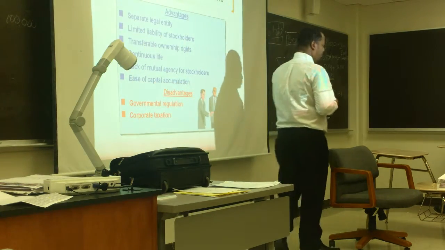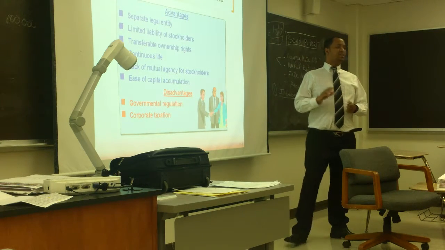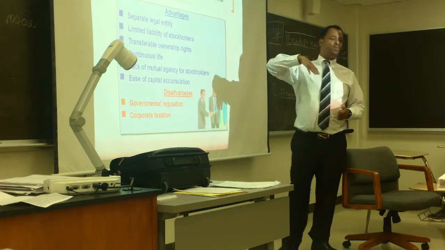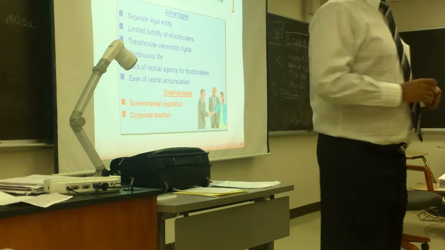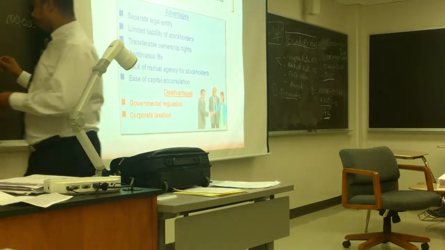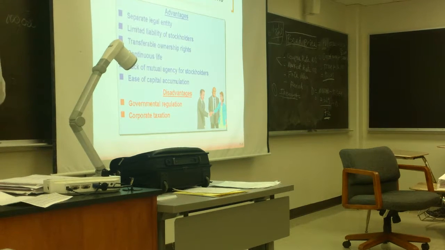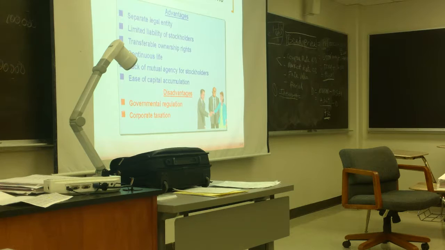So when we say corporations have limited liability of stockholders, creditors cannot go beyond the initial investment of owners. Let me just give you some examples. Let's say the corporation has profit of 100,000, right?